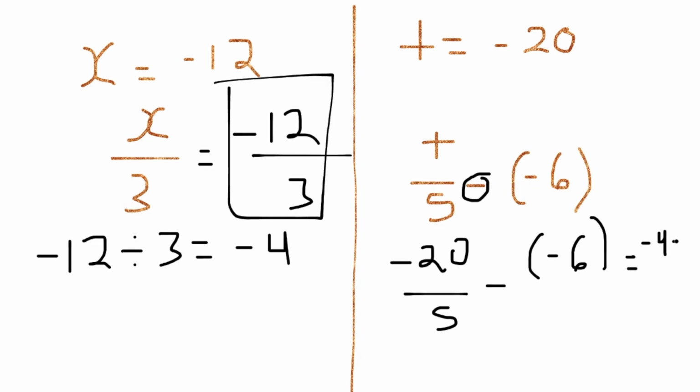And now I'm going to subtract, that's a subtraction, negative 6. Okay, so I have negative 4 minus negative 6. So remembering that I'm taking away that debt is what I'm doing. So now I have negative 4 plus 6. So this is going to end up actually being positive 2.